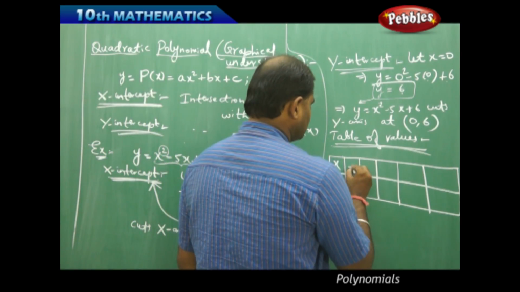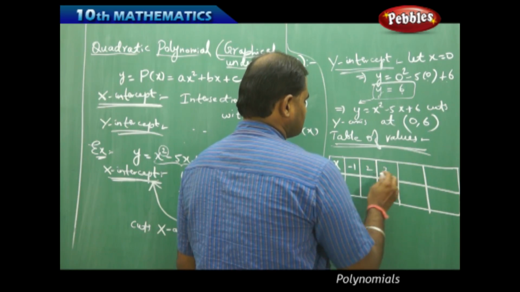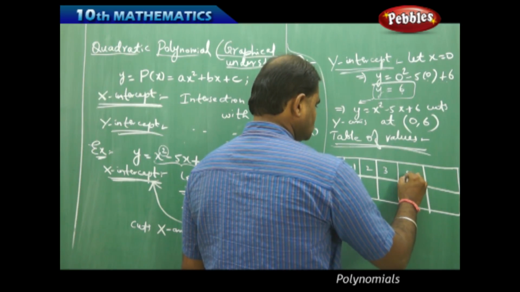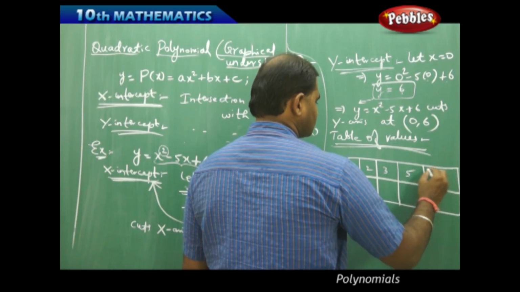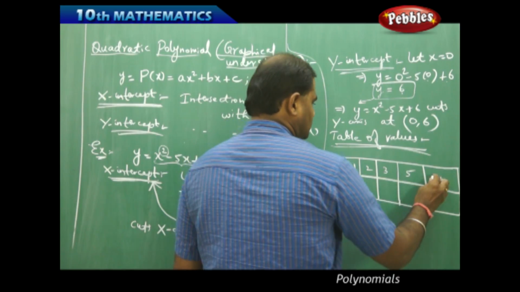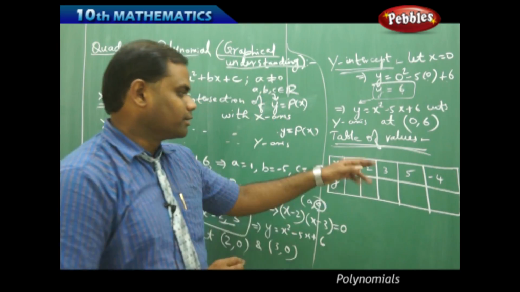Therefore, I start with -1, 2, 3, 5 and -4, and I'll take the y values correspondingly.